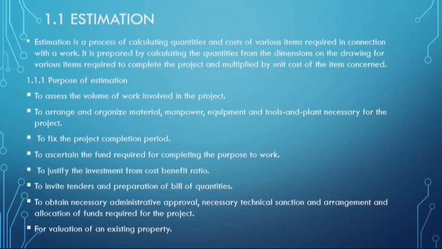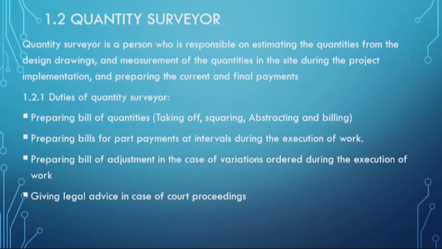It also helps to obtain the necessary administrative approval, technical sanction, and arrangement and allocation of the fund required for the project. And it also helps to fix the valuation of an existing property.